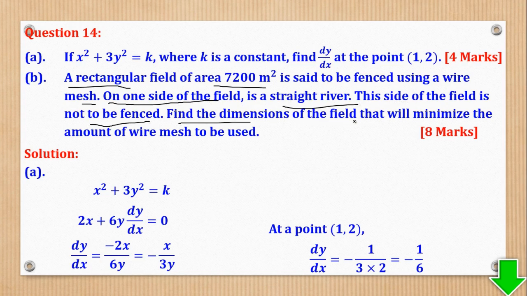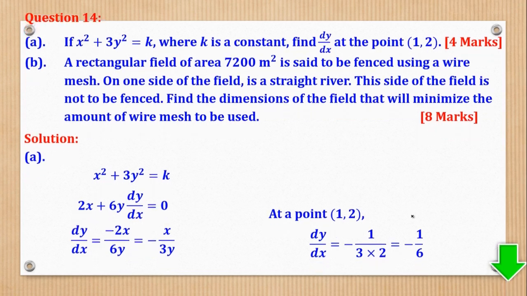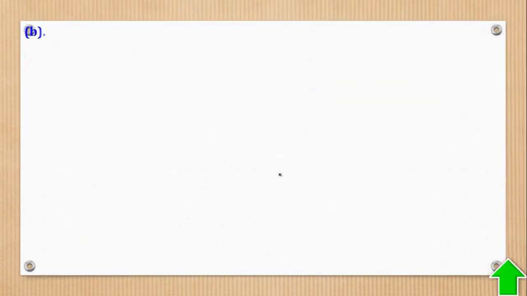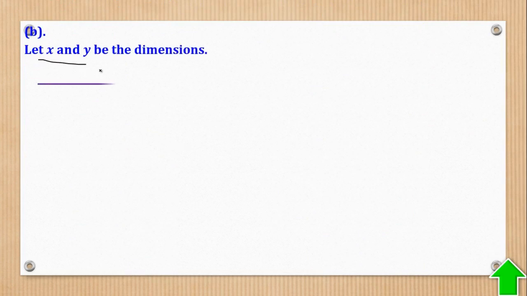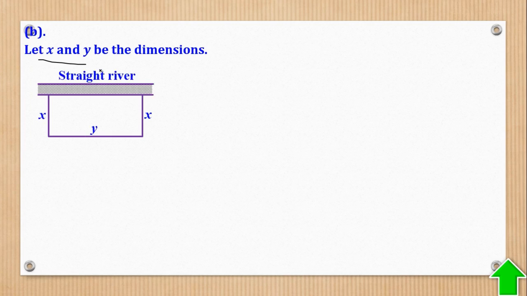Find the dimensions of the field that will minimize the amount of wire mesh to be used. So let x and y be the dimensions. So you come and make a sketch. So that is the river and that is the mesh with those dimensions.